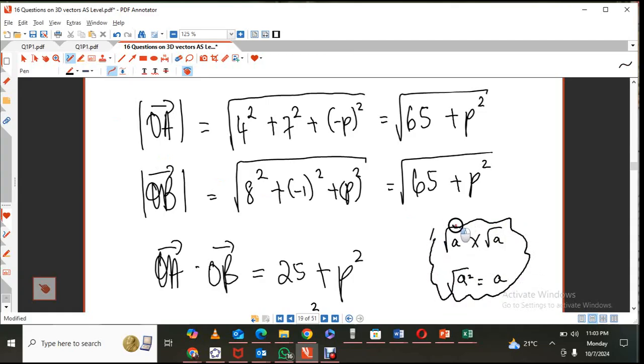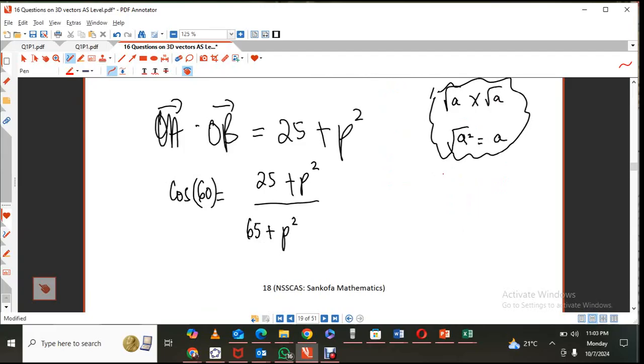Using that fact, if you multiply those two, it will just give you 65 plus P squared, like what I have over here. Now this gives me 1/2 is equal to 25 plus P squared over 65 plus P squared.